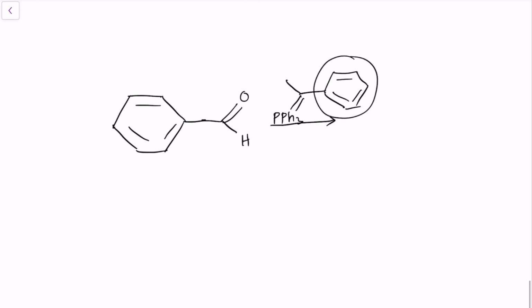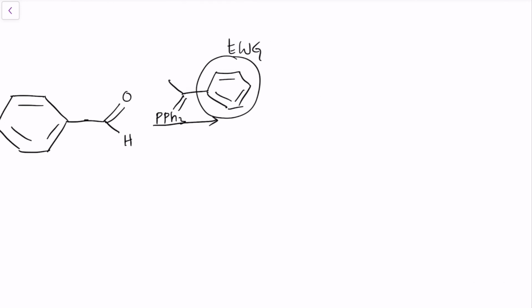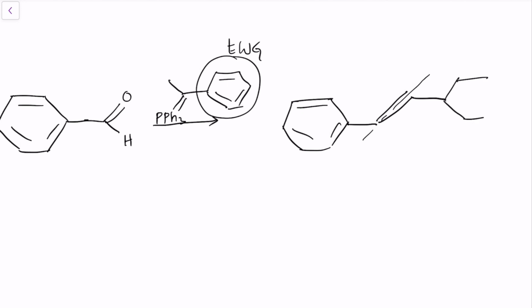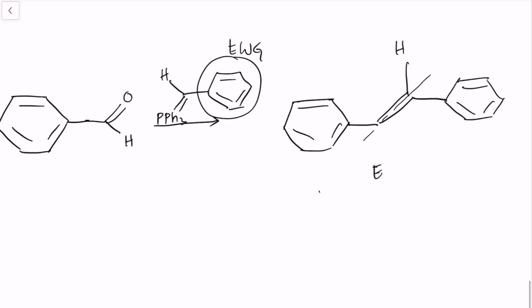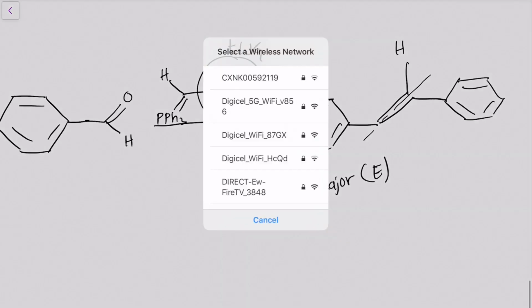So notice that the benzene is an electron withdrawing group, which means that it's going to end up forming an E isomer. So this is the double bond, and to form an E isomer, on this side you should get the benzene, and on the other side you should get the hydrogen. So this is the reaction. So this is the E isomer. So this is the major product, an E isomer.